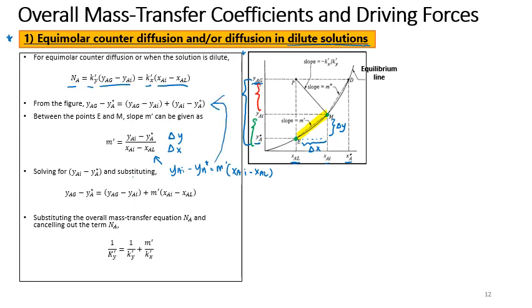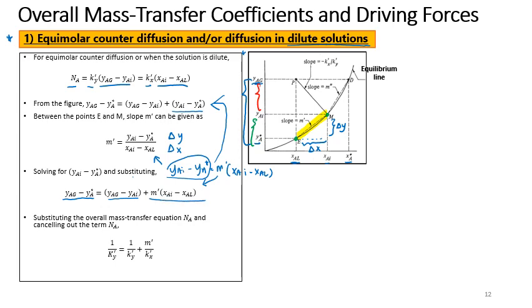So if you put this into the equation here, then you will have YAG minus YA star equal to YAG minus YAI, plus in this case YAI minus YA star, but here you substitute this term into here and then you get this.